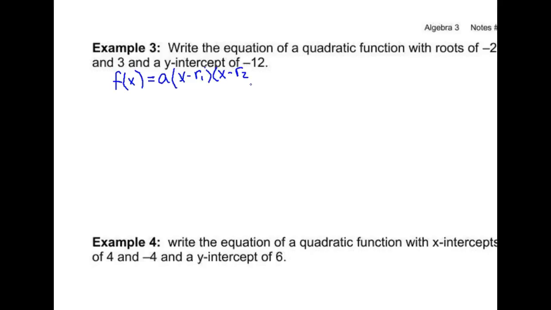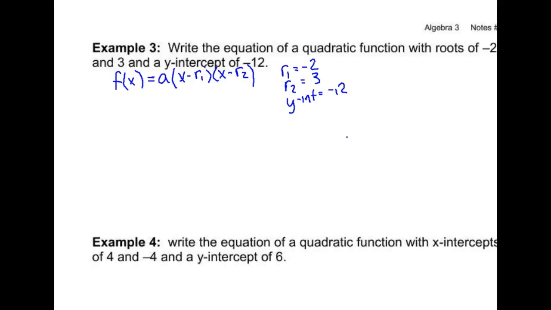Now we're going to pick out the information from the word problem and try to solve it. First thing it tells you, we have a root of negative 2 and a root of 3. So r1 is equal to negative 2 and r2 is equal to a positive 3. It also tells you that the y-intercept is equal to negative 12.